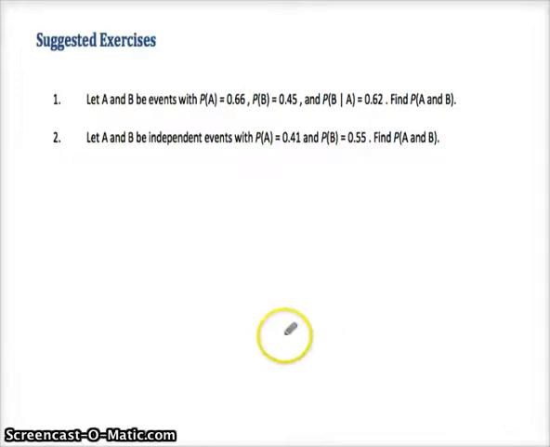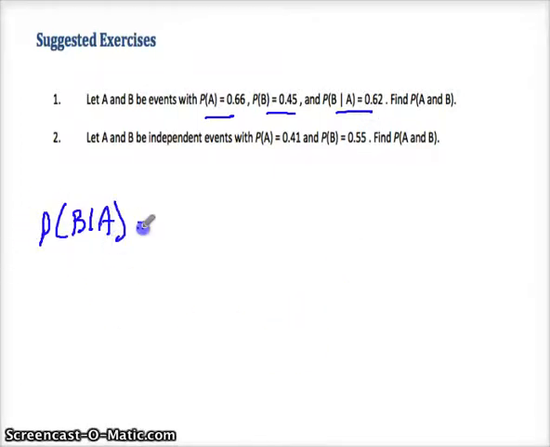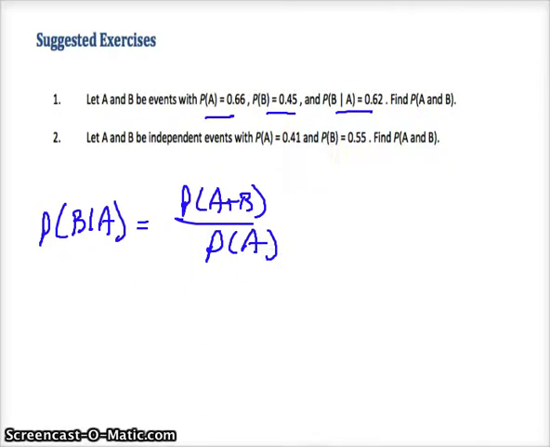All right, let A and B be events, and they give you all this information here. And notice they give this to you. Well, since they gave you the probability of B given A, then you know this is conditional probability. We're just going to write the little formula, which I just wrote. Okay, what do we know?